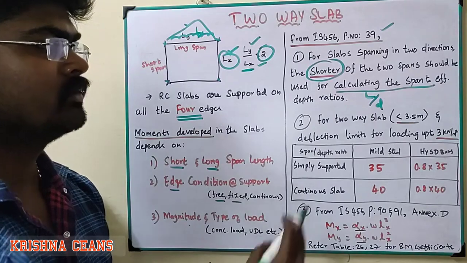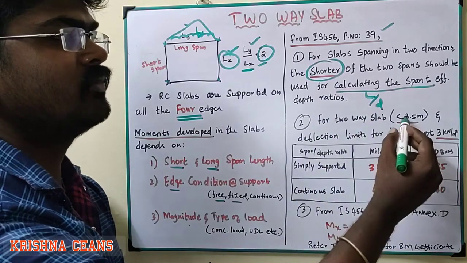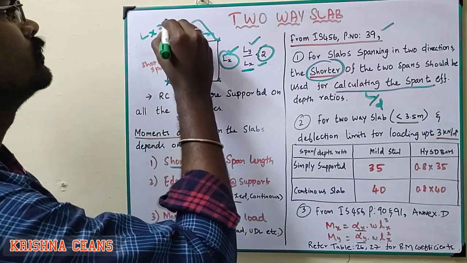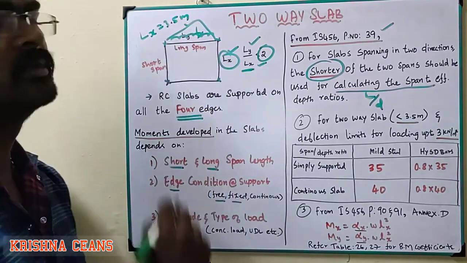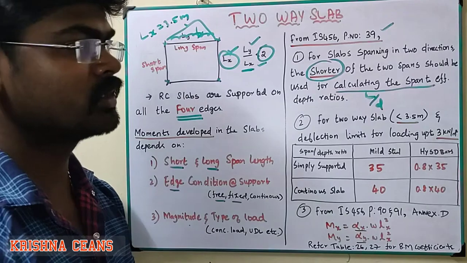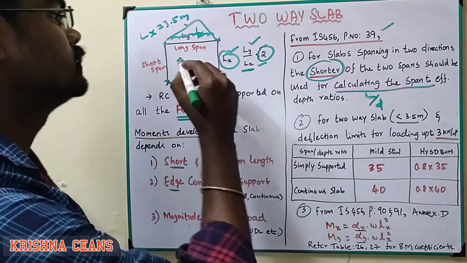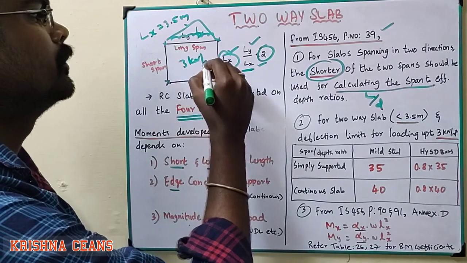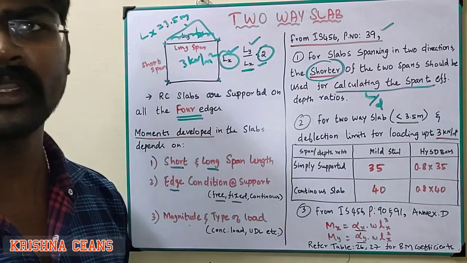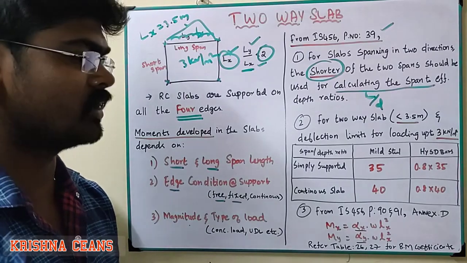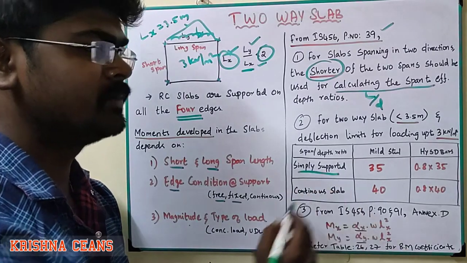Then second, for the two-way slab, if Lx is equal to 3.5 meter and the loading is up to 3 kilonewton per meter square, we have to consider the span by depth ratio for a simply supported beam.